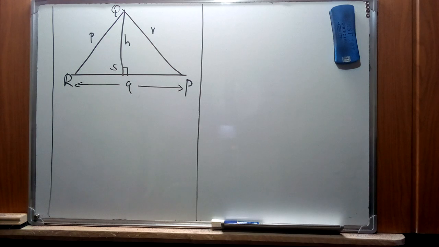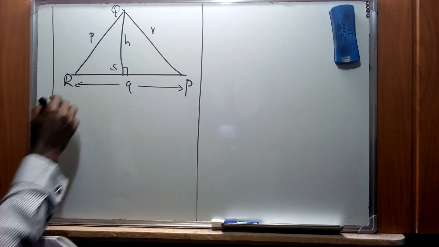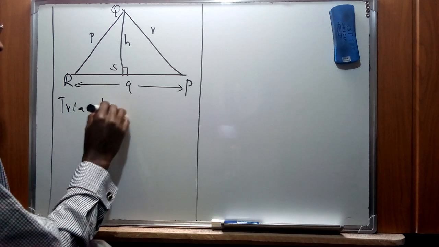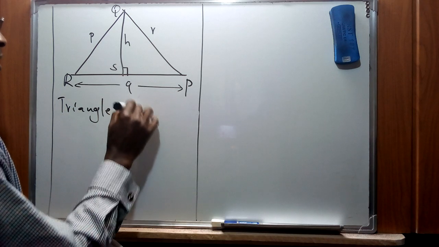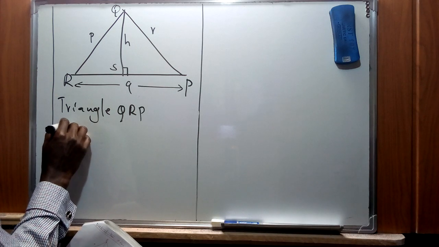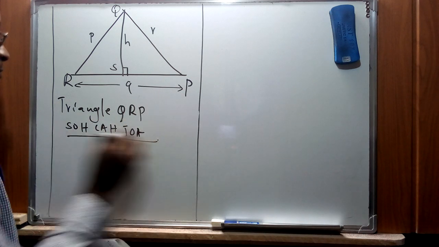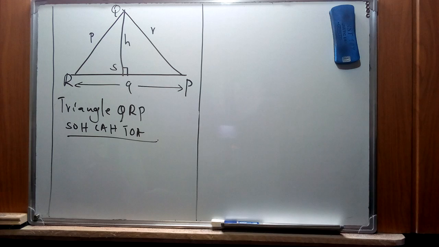So this is going to form a right triangle system, and we're going to apply the concept of Pythagoras theorem in trying to find out how we can represent those specific sides. So in this triangle QRP, we can define the cosine of the function R using the acronym we said we can use in trying to define the trigonometric function.